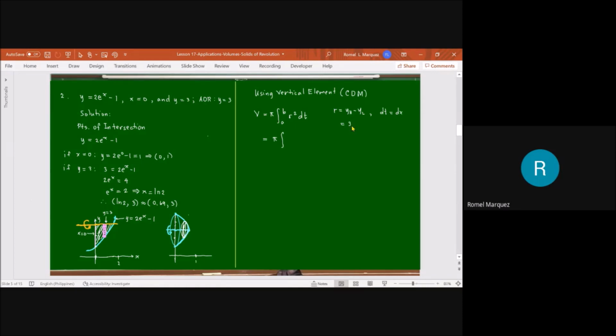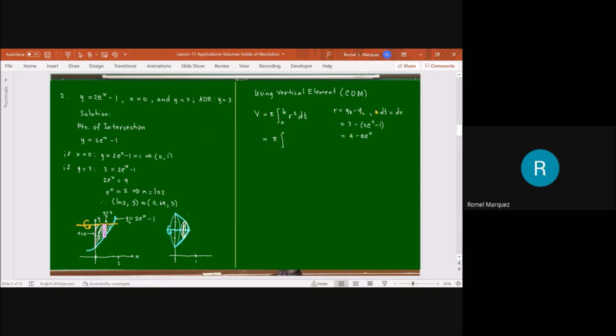So y higher is 3 minus y lower. This one is y lower, that blue, and this is the one that is y higher, y equals 3. So the blue one is 2 e to the x minus 1. Simplifying, we get 4 minus 2 e to the x.